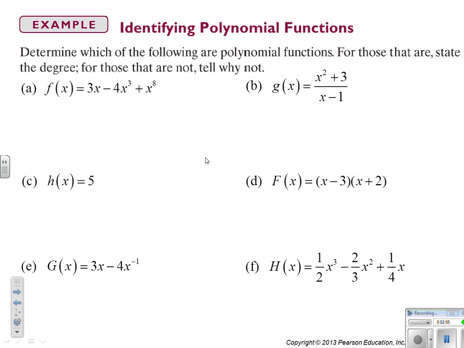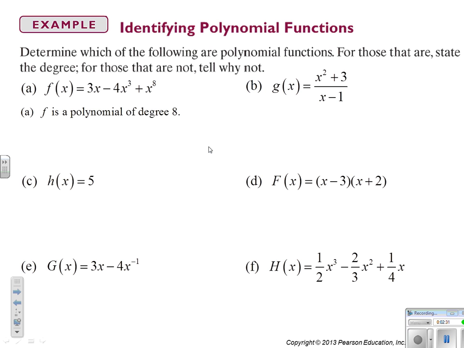All right, so identifying polynomials, let's look at this first one here. If we have f of x equals 3x minus 4x to the third plus x to the 8th, all the exponents on your variable are positive, and they are whole numbers.